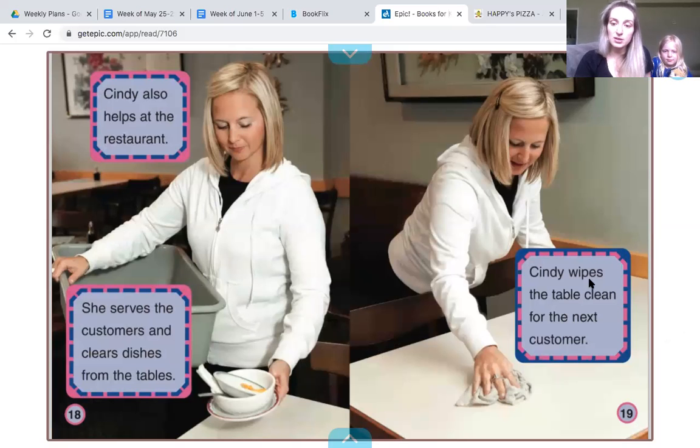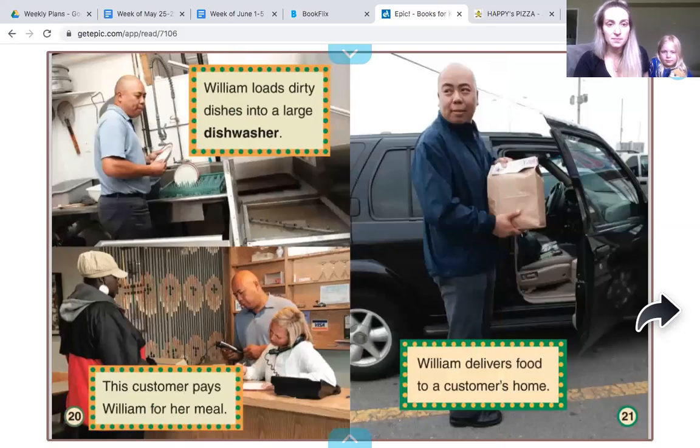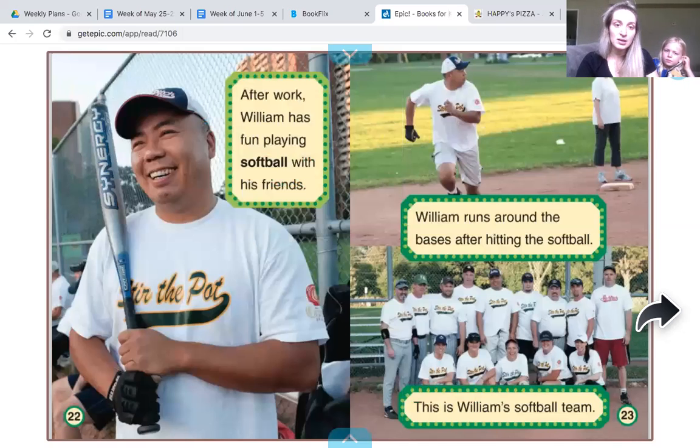Cindy wipes the table clean for the next customer. William loads dirty dishes into a large dishwasher. This customer pays William for her meal. William delivers food to a customer's home. After work, William has fun playing softball with his friends. William runs around the bases after hitting the softball. This is William's softball team.